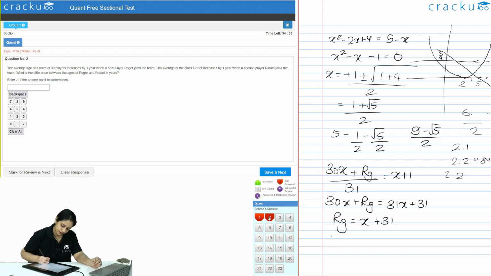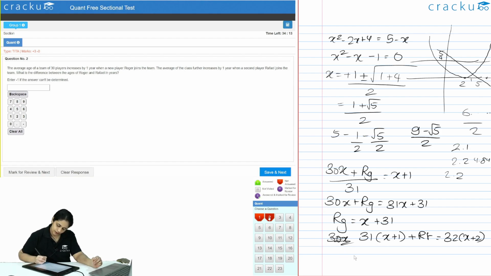Then on this average, Raphael also joined, and again this increased by 1. So 31 times x plus 31, plus Raphael, would be equal to 32 times x plus 2.